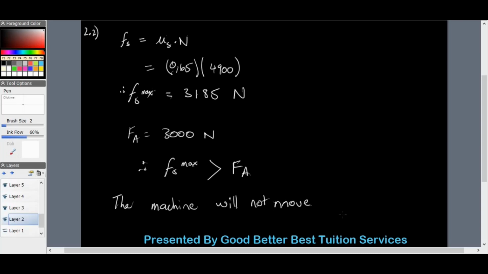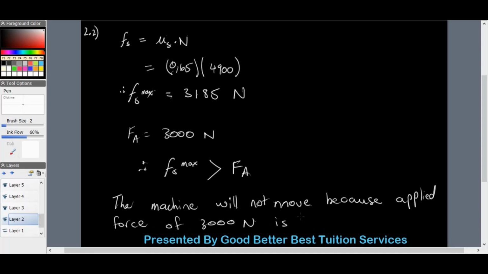Will not move. And why? Because, as we stated over there, applied force, or force applied, whichever way you want to write it, of 3,000 newtons is less.